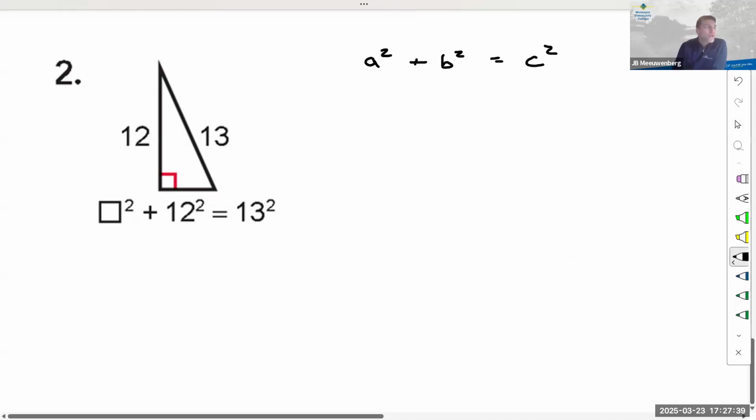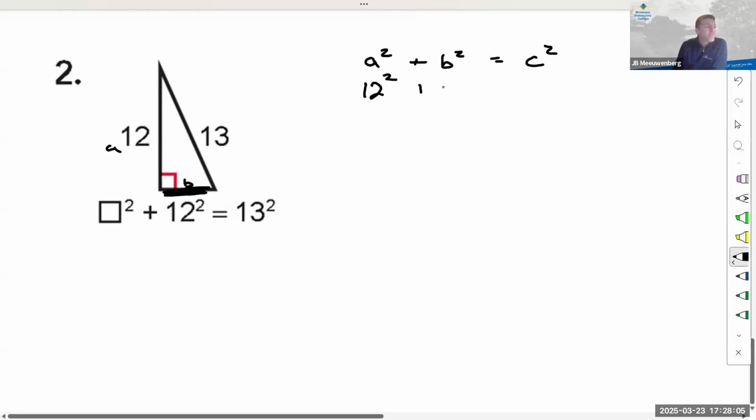In this triangle, 12 is one of the legs, and so is this missing side right here. So we know that, again, it doesn't matter which you call A and which you call B. I'll call this A and our missing one B. So the formula that came already attached to this picture does it a little bit differently, but that's okay. I will do it different. I'm going to do it like this.